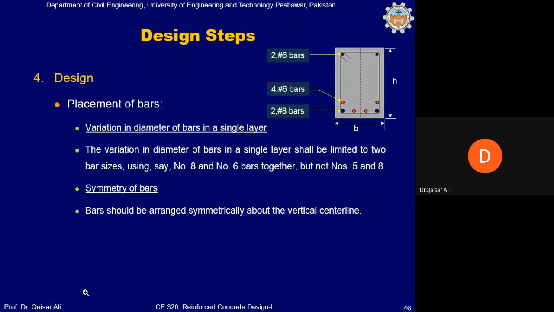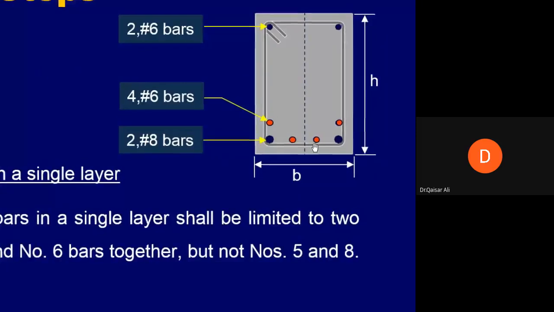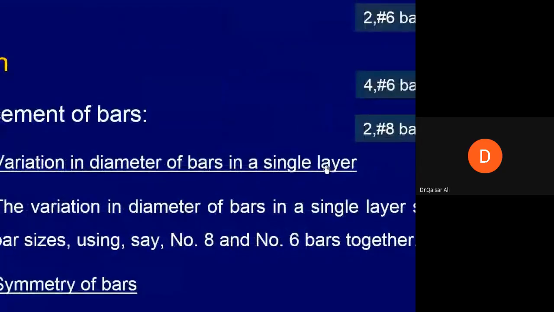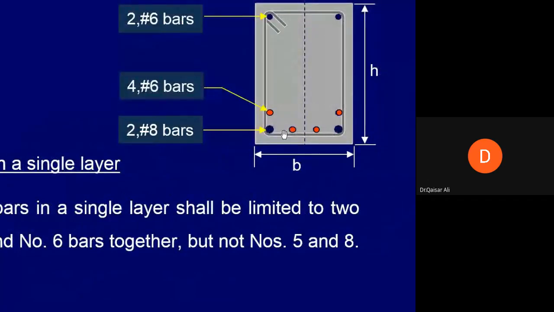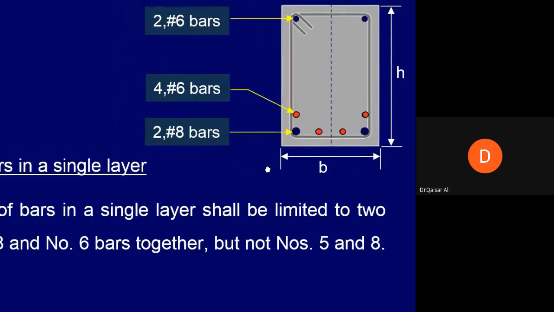Okay, this is another requirement. According to this requirement, if bars of different diameters are to be placed in one layer, then the bars shall be limited to 2 bar sizes. For example, if you want to place a number 8 bar here, a number 6 bar can be placed inside this layer in this manner, but not smaller than number 6, because if this bar is number 8 and this bar is number 5, then the bars in a single layer are not limited to 2 bar sizes.